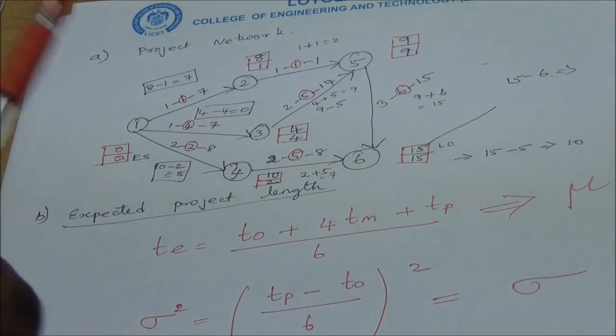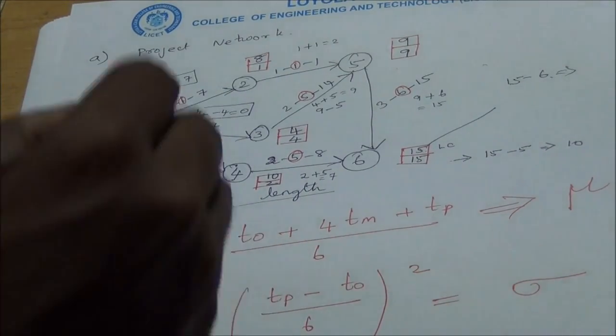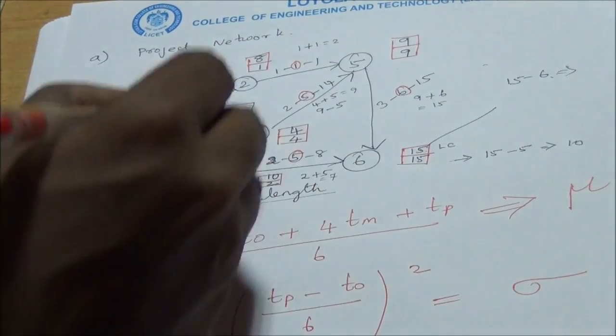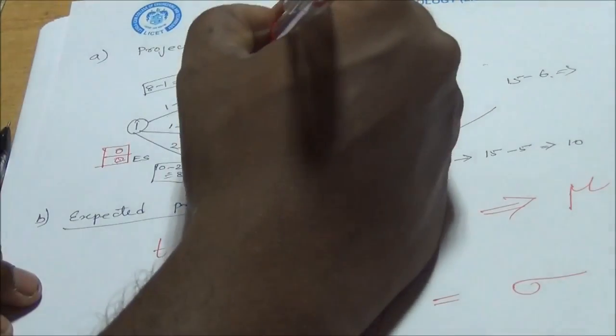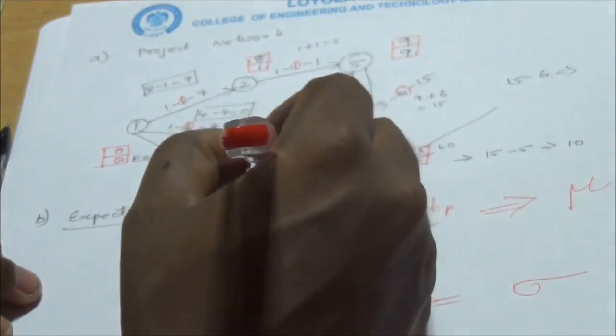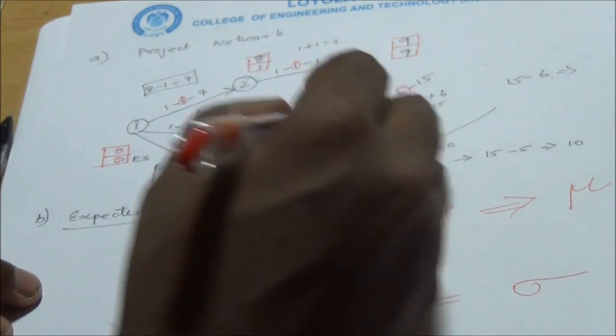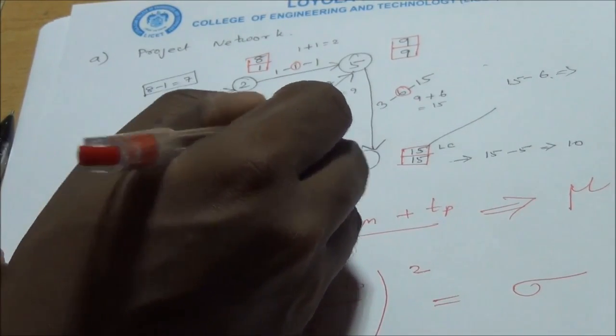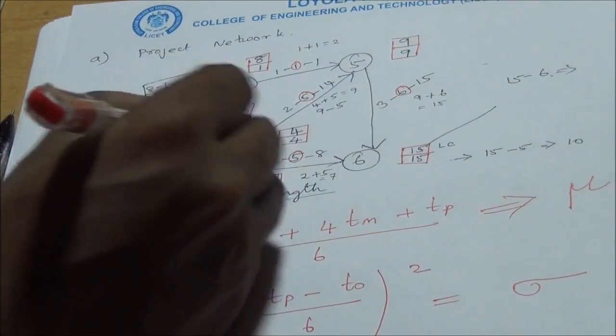Now to mark the critical path, we start from 1. After 1 we have 2, 3, 4, and you can see for 2 we have 8, 1, for 3 we have 4, 4, and for 4 we have 10, 2. Now you can see for 3 the earliest start time and latest completion time are equal, so you mark this as the critical path.